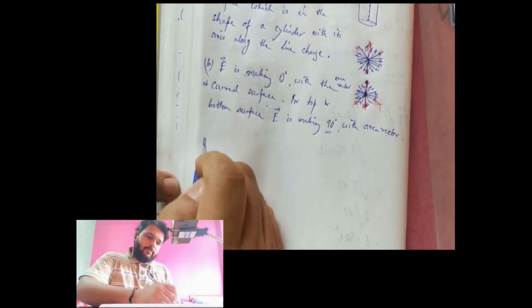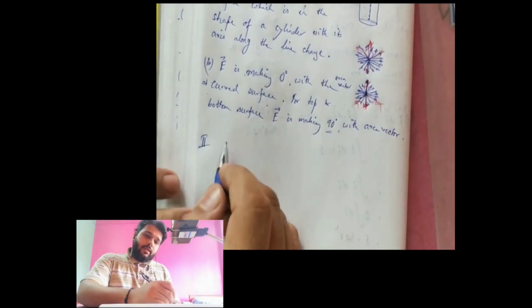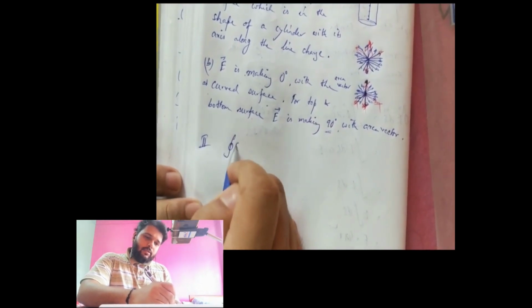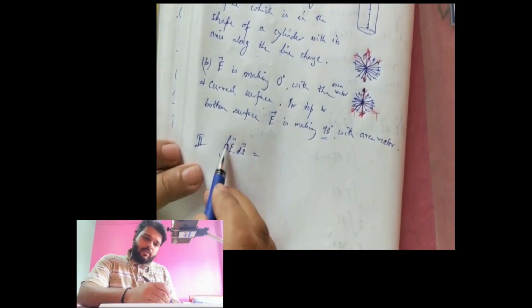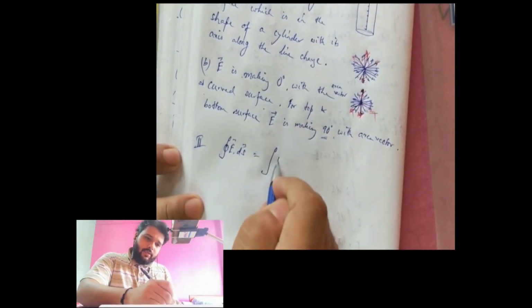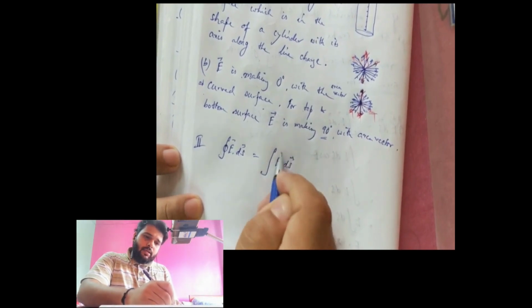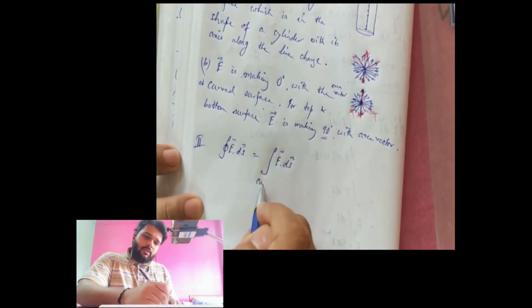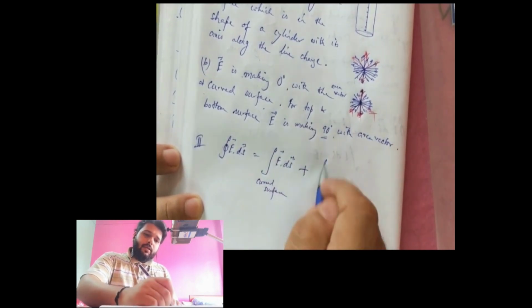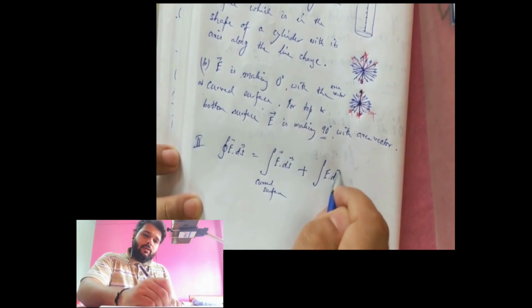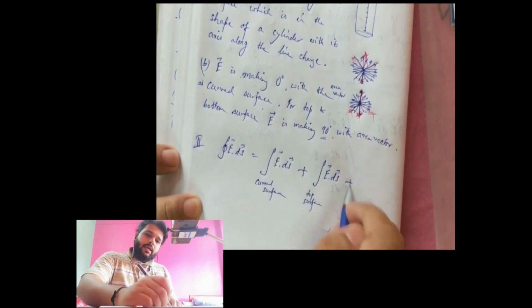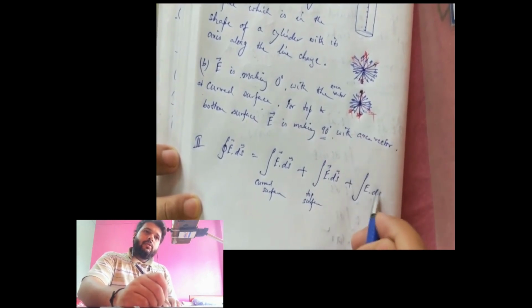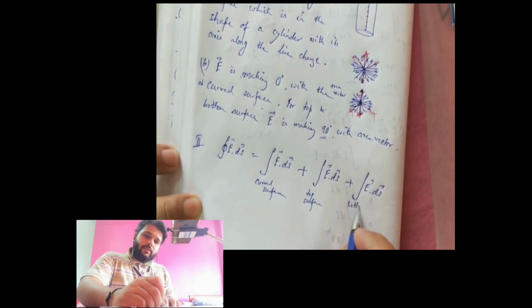Next, the second step, we have to calculate the closed integral of E dot dS. First we have to expand this, because this is a closed integral. So if I expand this, we'll get E dot dS for the curved surface, plus E dot dS for the top surface, plus E dot dS for the bottom surface.